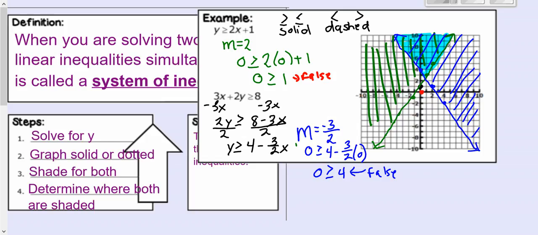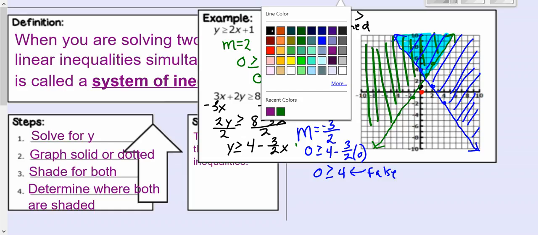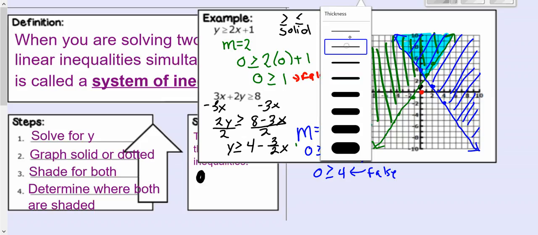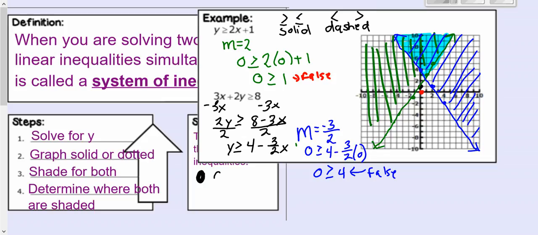And in this case, any point on the line in that space is also my solution because we have solid lines. So let's give some examples of solutions for points. One solution could be 0 and 6.